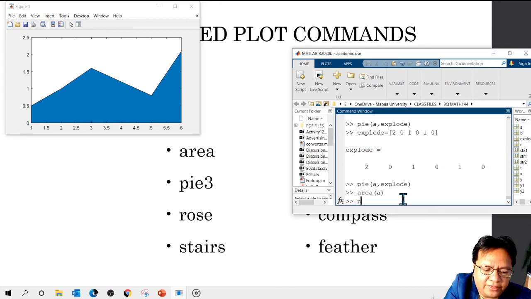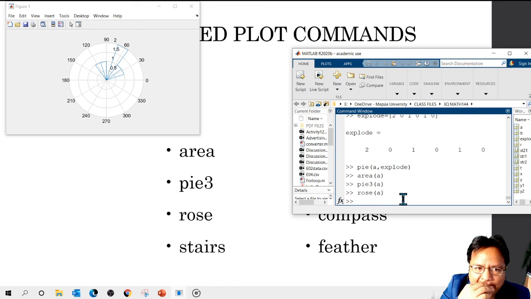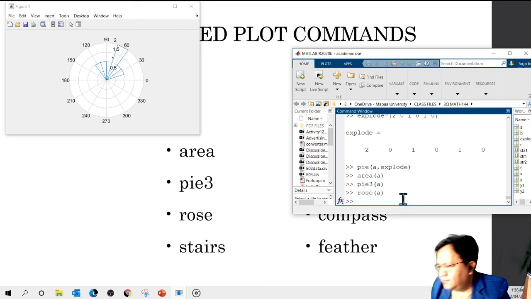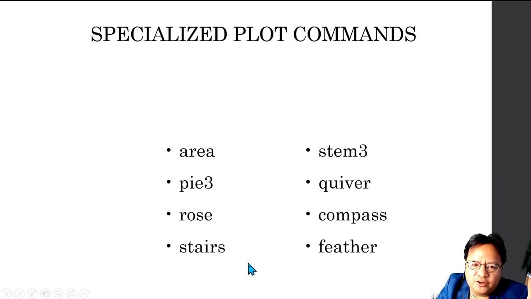We can have a 3D pie chart. So pie 3A, rows A, among others. So you may wish to try the different commands.